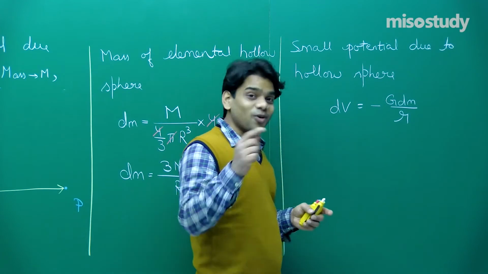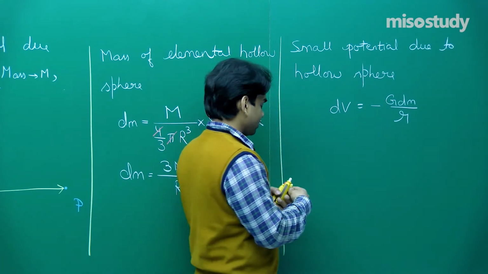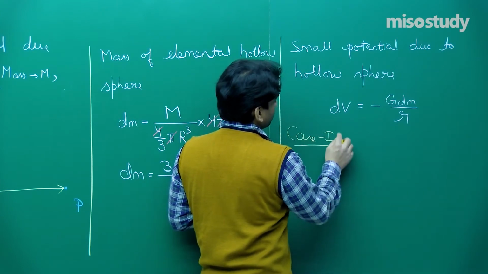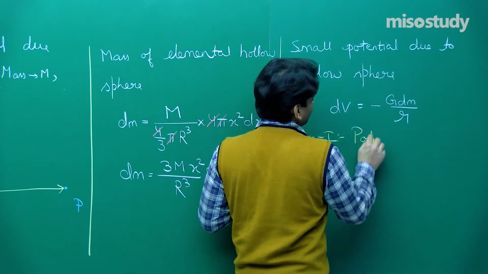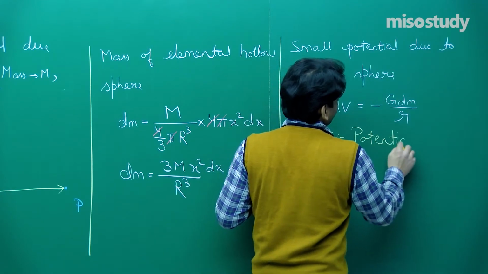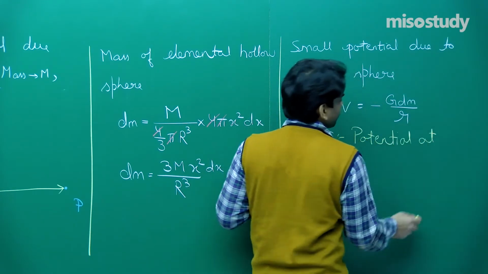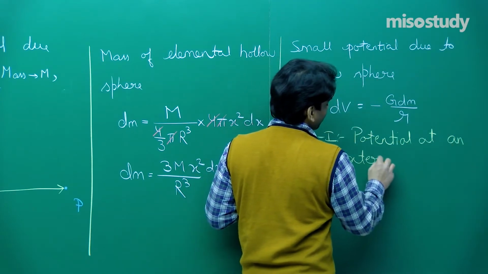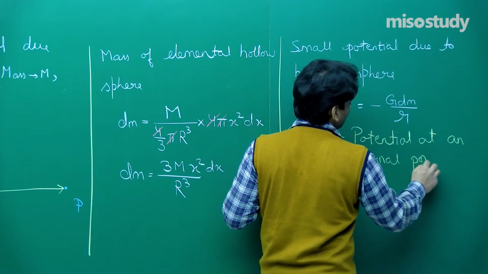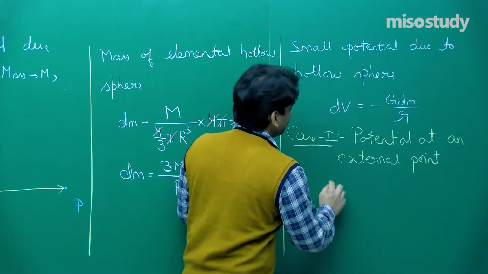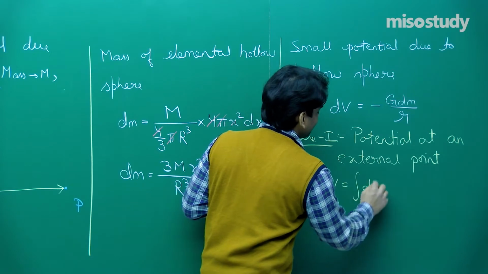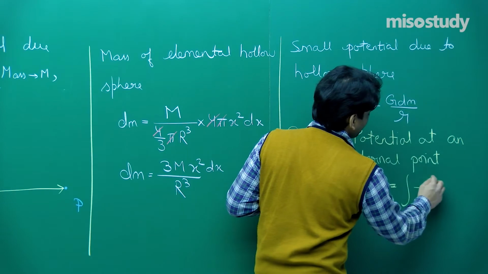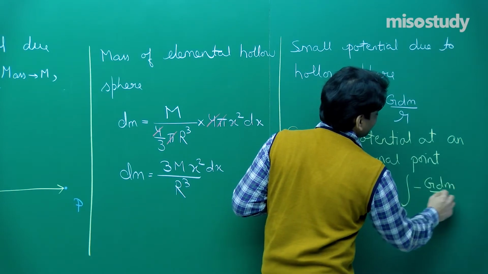So case 1, potential at an external point. That's quite simple, and we will reach a very simple formula. Potential at an external point will come out to be V is equal to integral dV, which is integration of minus G dm by r.